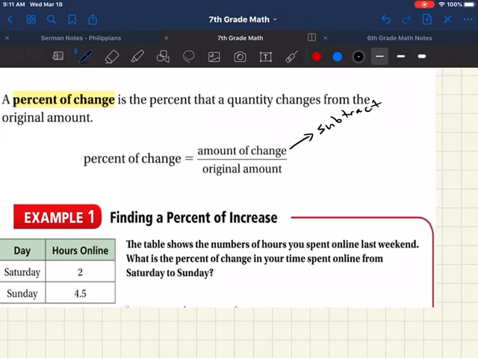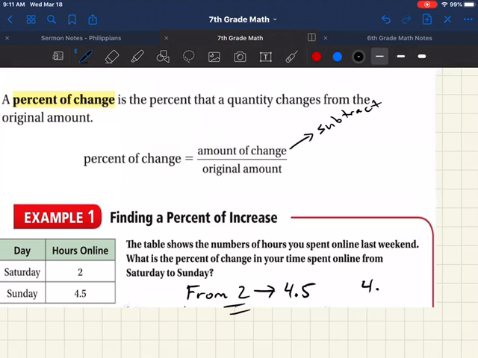I want you to follow my lead on this until you get the hang of it. To start off, write on your papers, we are going from 2 on Saturday to 4.5. So the original amount is 2. This will help you tremendously to keep it straight in your head. If you know where you came from and where you're going to, it makes it very clear.